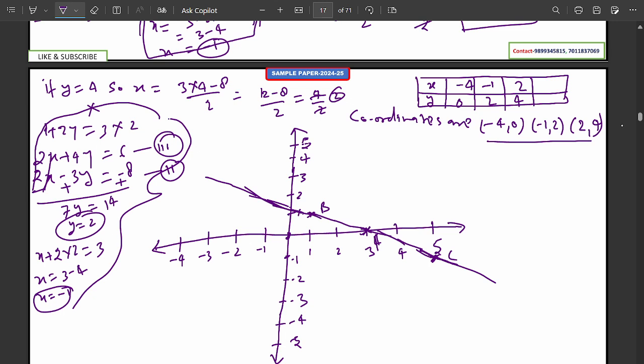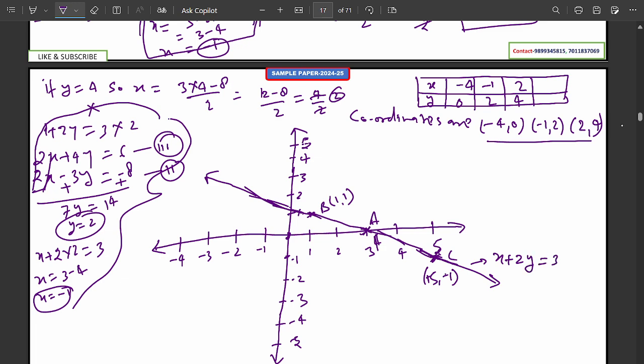I have already told you this is a rough diagram, and after that you should trace. This is point A, this is point C, which is plus 5 comma minus 1, this is 3 comma 0, and this is 1 comma 1, and this line is called x plus 2y is equal to 3.